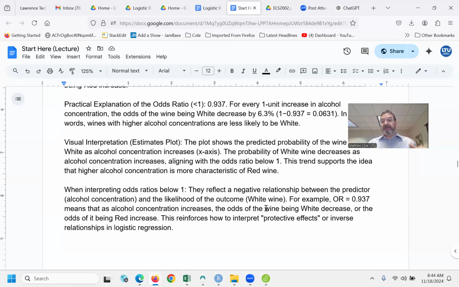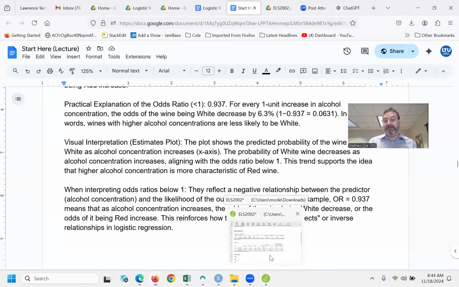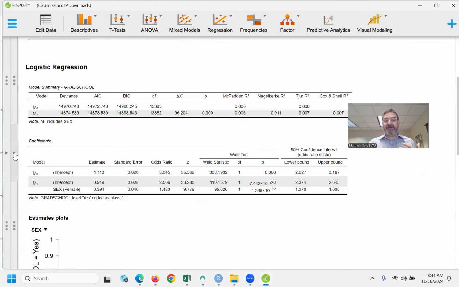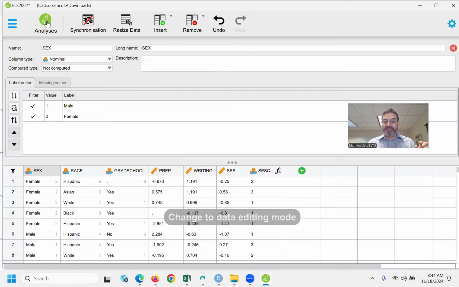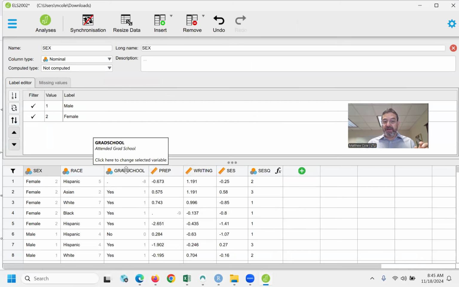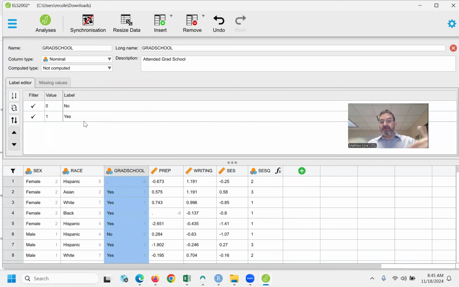And let me just say, since we're running the statistics, if you're getting a negative coefficient, you can always go into your data and reorganize the reference class. Let's just say we were interested in understanding the odds of not attending graduate school.